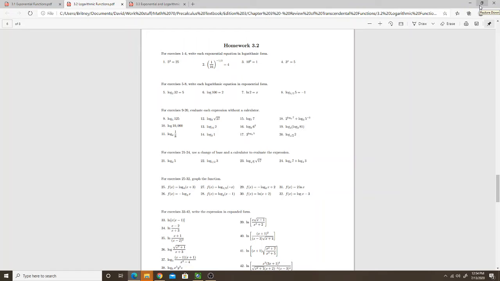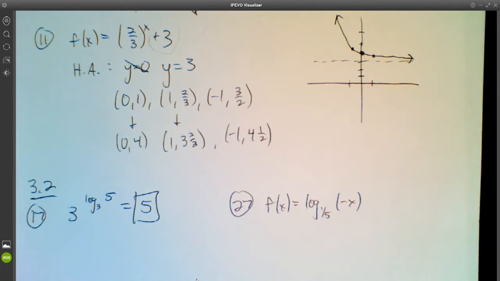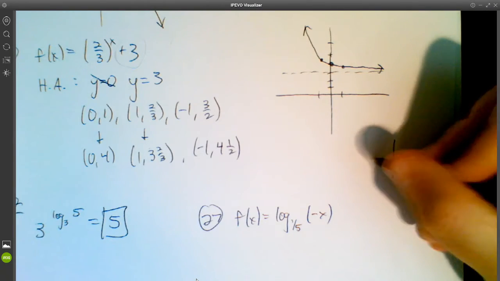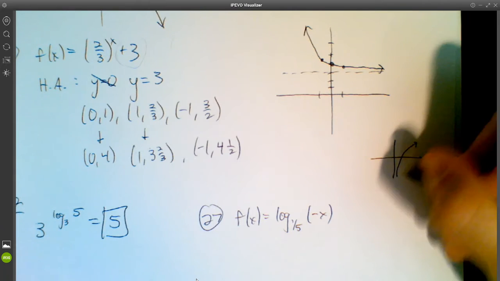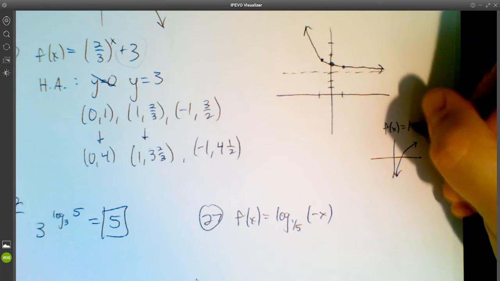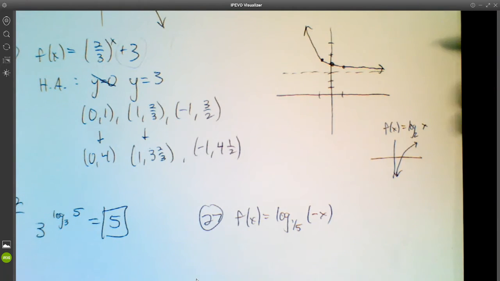Let's look at 27. So 27 says graph the function. We have a logarithmic function. Okay, let's do it. So we have f of x equals log base 1/5 of negative x. So let's just remind ourselves, a logarithm usually looks like this. But this would be f of x equals log base 2 of x or something like that.